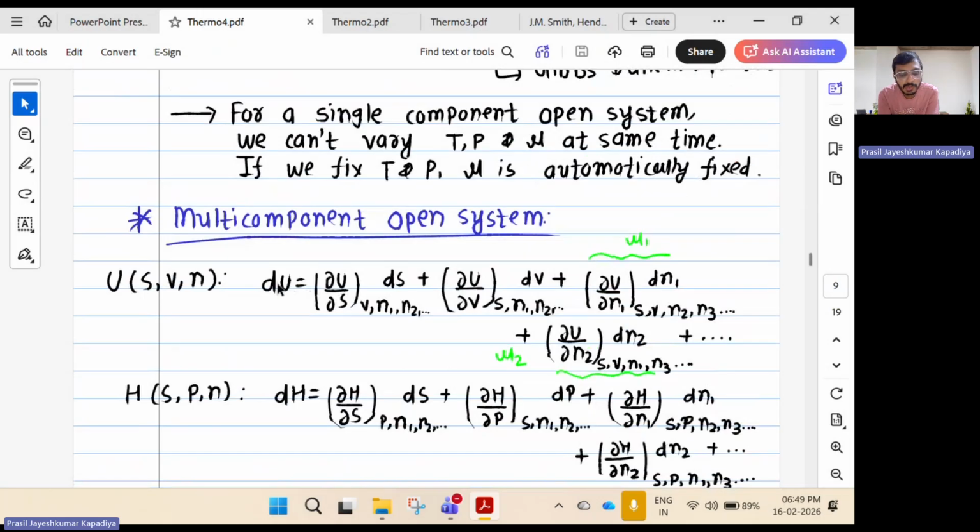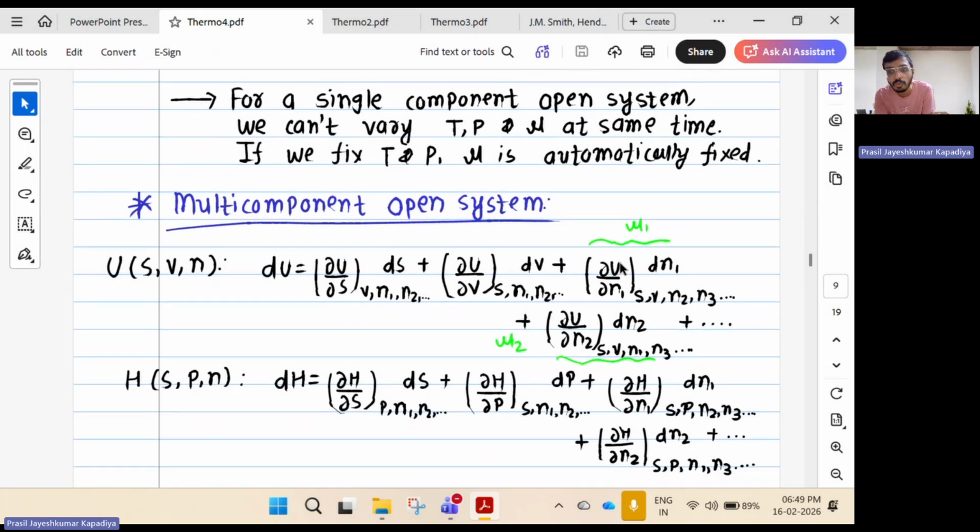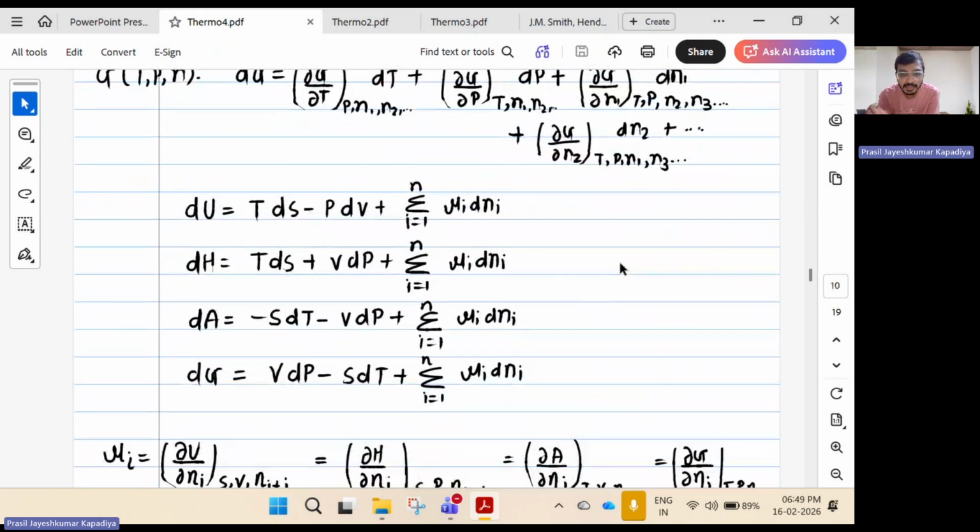This was dU is equal to TdS minus PdV plus mu1 dN1 plus mu2 dN2 plus mu3 dN3 and so on. So I can write it down as dU is equal to TdS minus PdV plus summation i equal to 1 to n of mu_i dN_i. What does this mean? It is mu1 dN1 plus mu2 dN2 plus mu3 dN3 and so on.